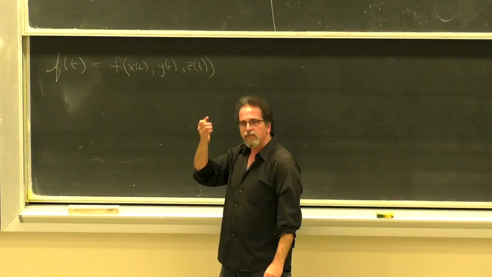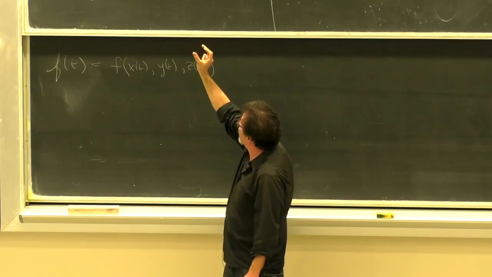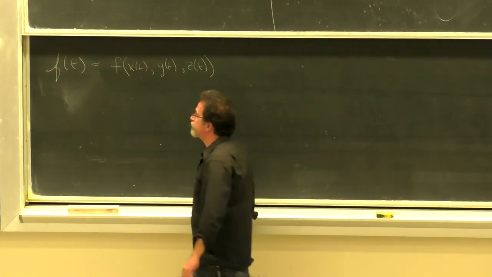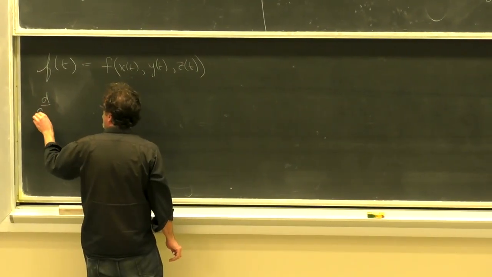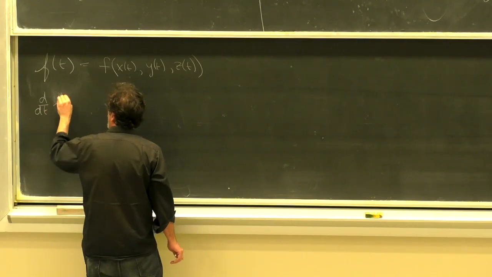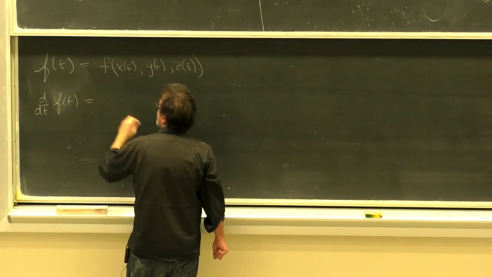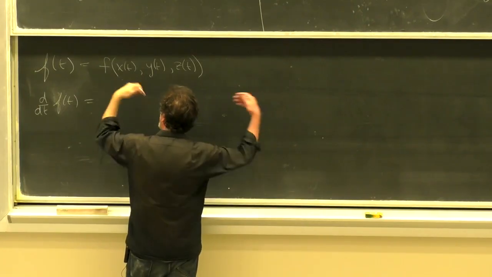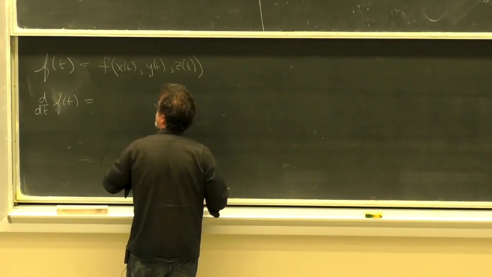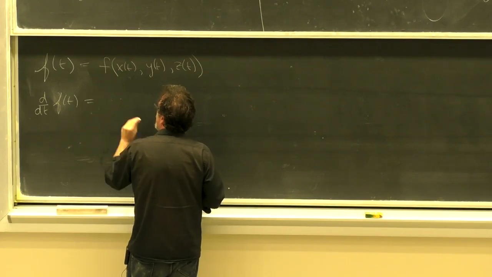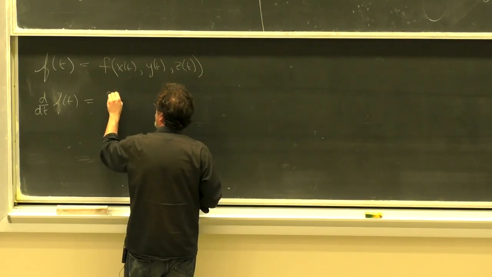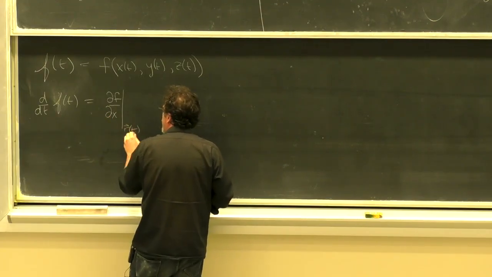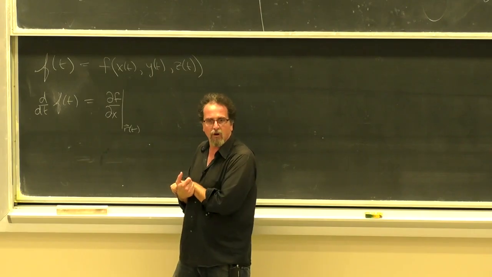As you'll see, I'm effectively repeating what I did last class. But I want to do it to emphasize that what you're seeing up there in those parentheses is a reflection of the chain rule. Now, cursive F is only a function of time, so I can take the time derivative of both sides. dF/dt. Well, little f, its natural arguments are x, y, and z, but I'm evaluating it along the curve x of t, y of t, z of t. So in order to do that, I have to take the derivative of little f with respect to its natural argument and then evaluate it along the curve, r of t.